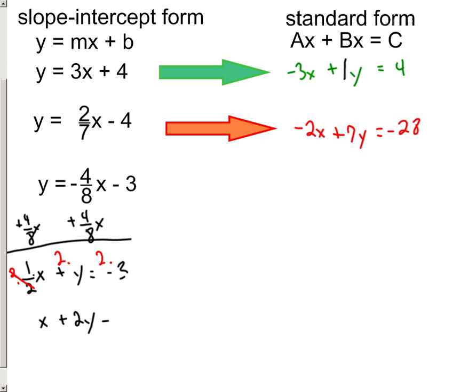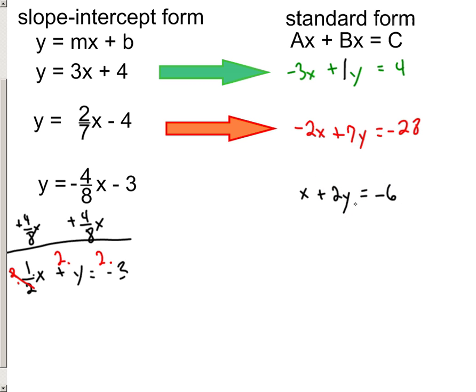And then 2 times negative 3 is negative 6. So this becomes my standard form. Wow, we're having a tough time putting it together there. That becomes my standard form equation.